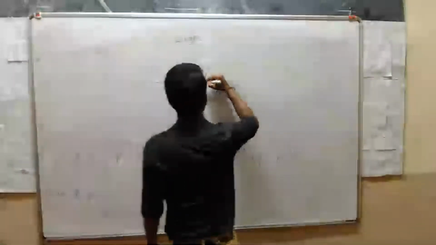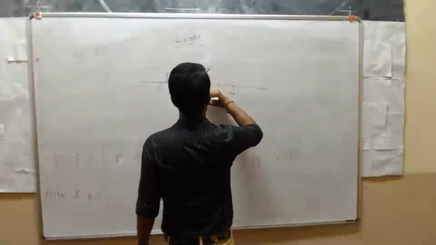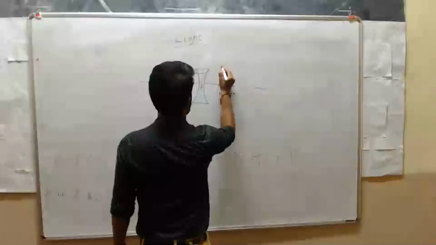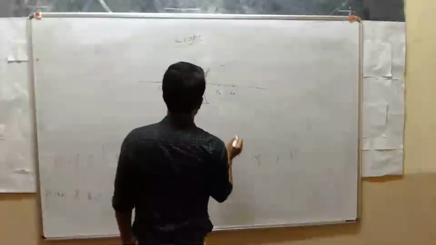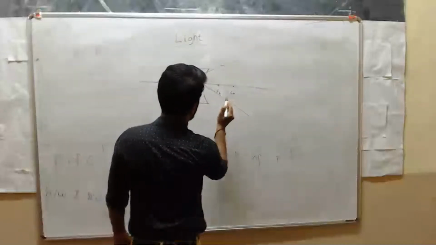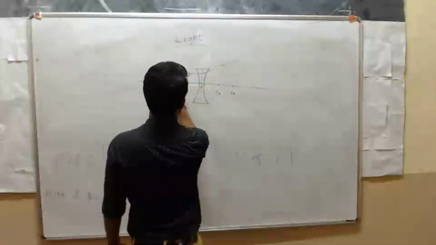Consider two rays. One ray is parallel to the principal axis; it refracts like this. One more ray goes like this, through the optic center.